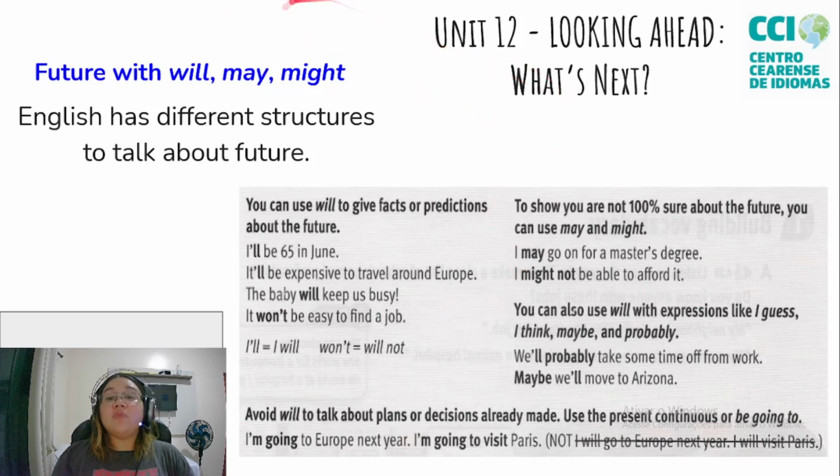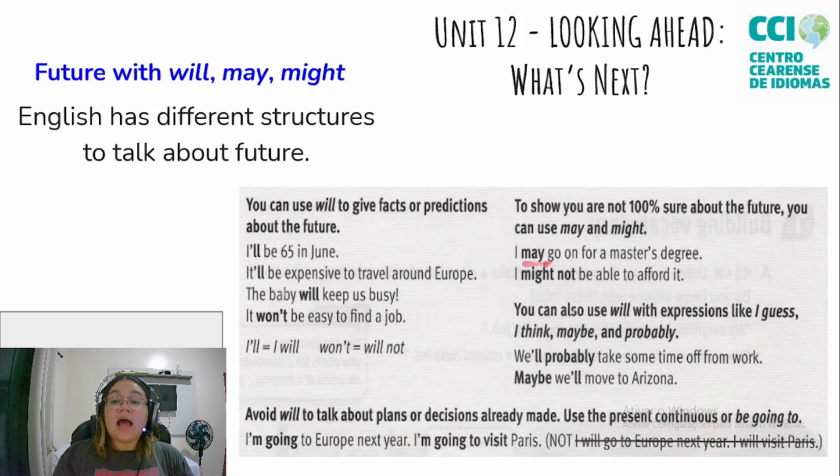Now, how do we use may or might? If we're not sure about the future, if it's not a fact nor a prediction that we are sure of, we use may or might. It's something that we're not sure will happen. It can happen, it may happen, but it's not a fact, right?